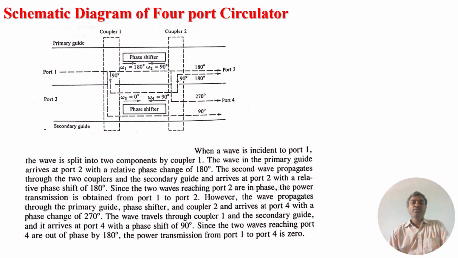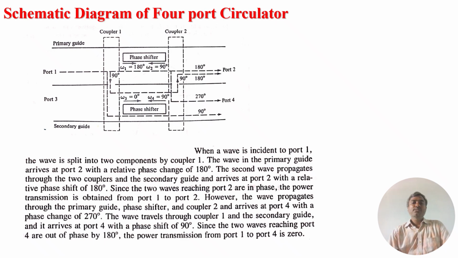Now whenever we transmit a signal from port 1, the signal is supposed to reach only port 2, and there should not be any output at ports 3 and 4. Consider the example where we feed a signal at port 1. That signal reaches port 2 in two different ways.